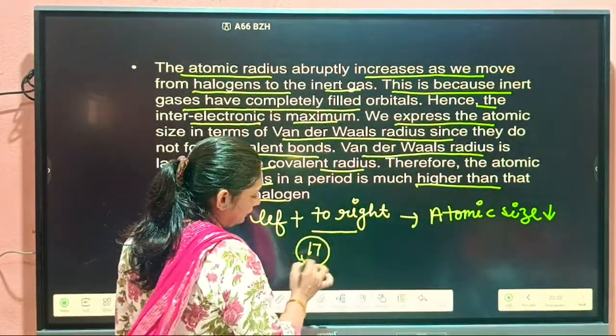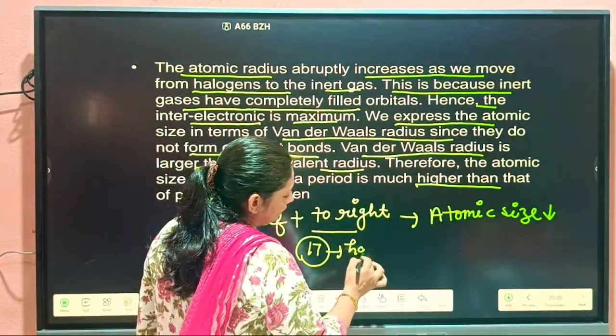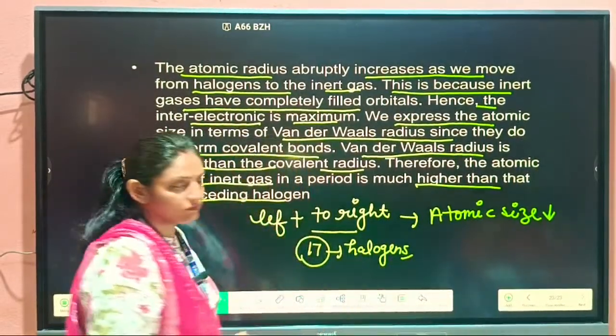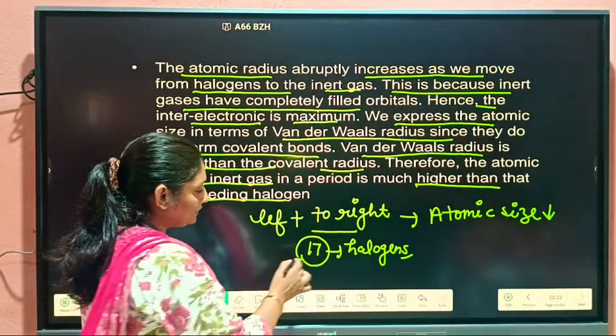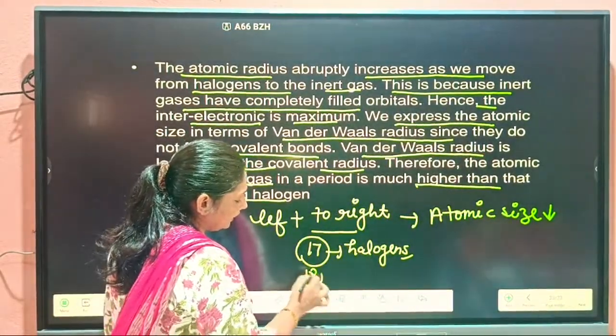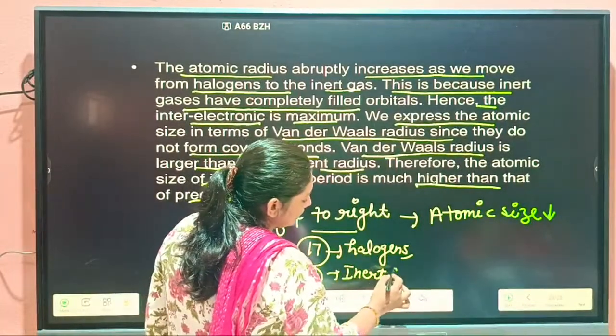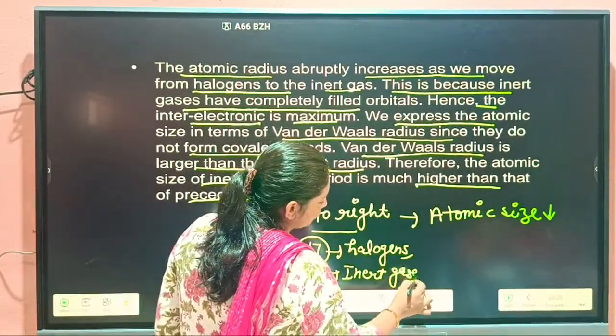But halogens are the elements of group number 17, and inert gases or noble gases are the elements of group number 18.